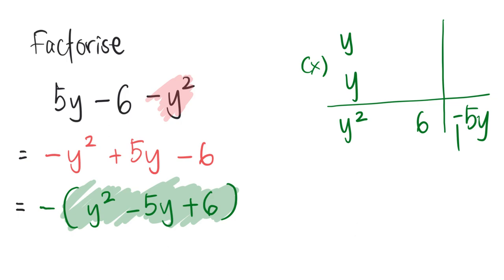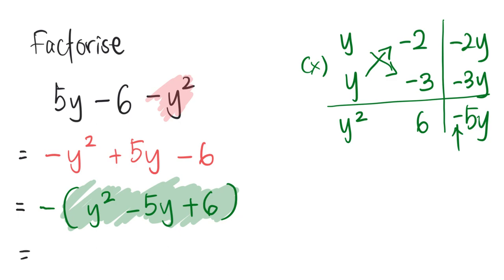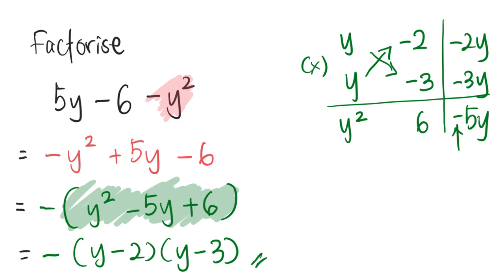And because I saw a negative 5, I'm going to use negative 2 times negative 3 to give me positive 6. And they do give me back my negative 5. And so the final answer will be, I still have my negative, but it will be y and negative 2, y and negative 3.